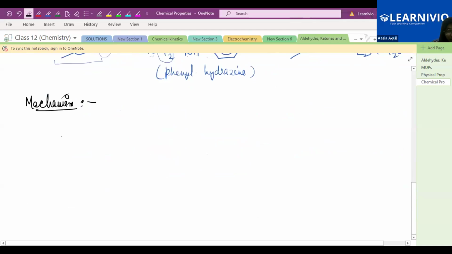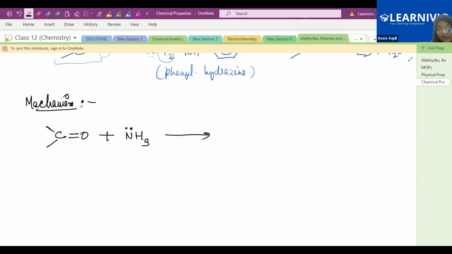Suppose we have this carbon and oxygen carbonyl compound, and we are just treating it with ammonia. Now this nitrogen has a lone pair of electrons, and electrons are negatively charged, so it will act as a nucleophile. So this will attack which one, carbon or oxygen?